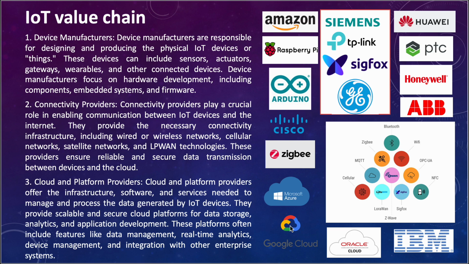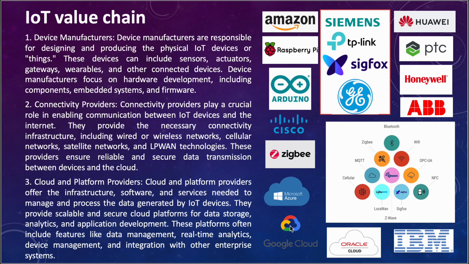So in here we talked about sensors, actuators, gateways, wearables, and so for example, wearables would be a part of connecting all these sensors and actuators together. Other connected devices manufacturers focus on hardware development, including components, embedded systems, and firmware.